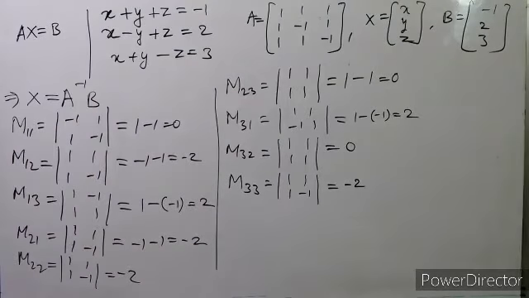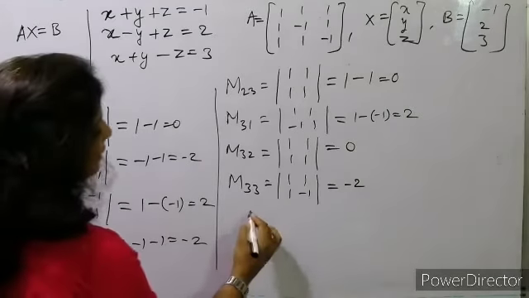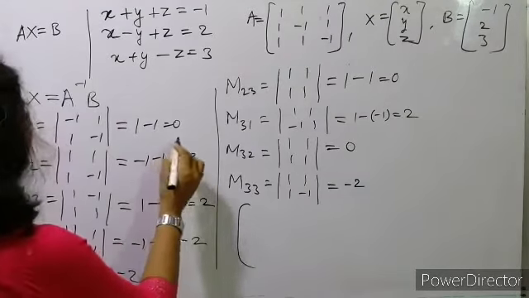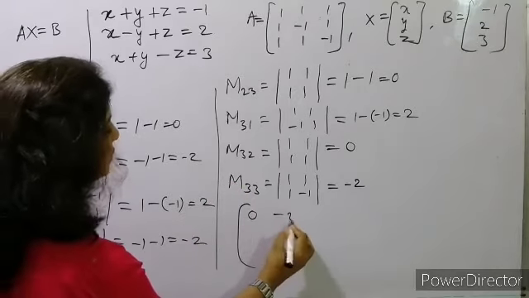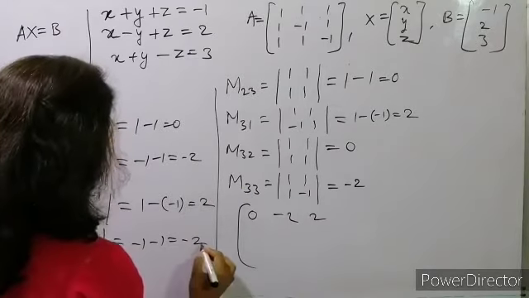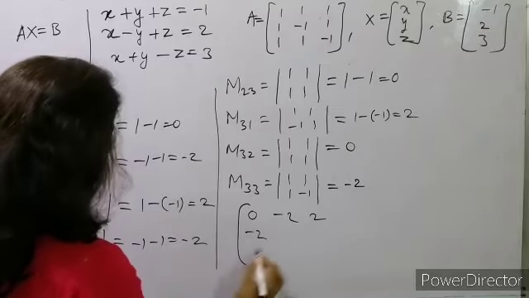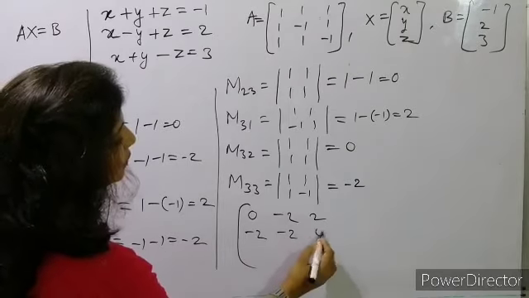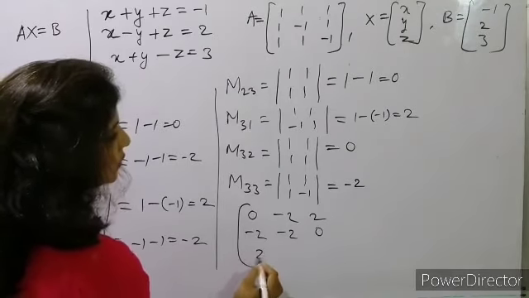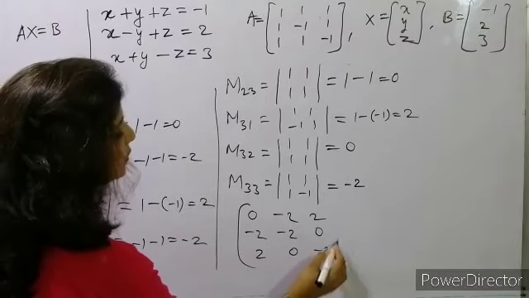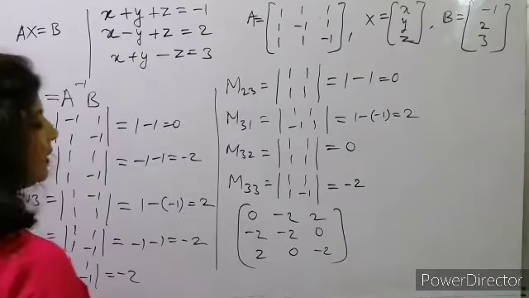Okay. So now we got this matrix. Let's write it: [[0, -2, 2], [-2, -2, 0], [2, 0, -2]]. These are the values we got.